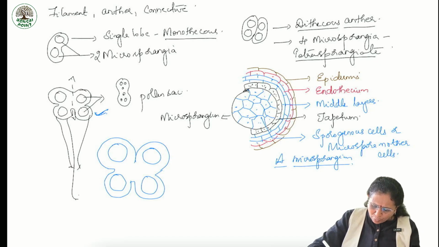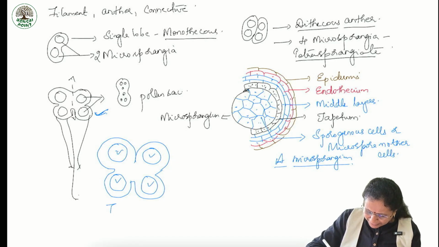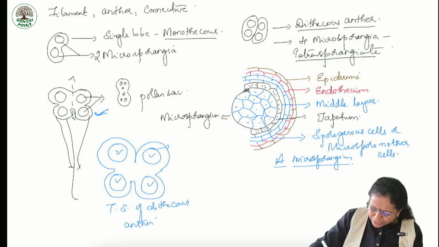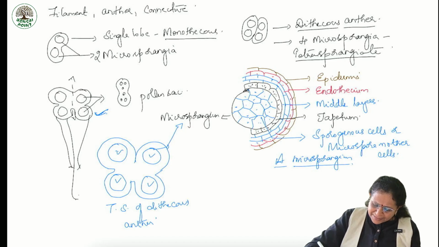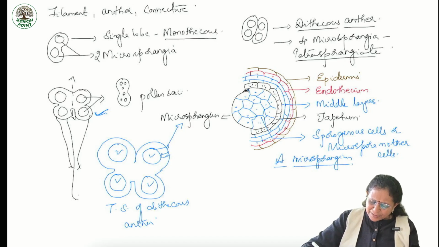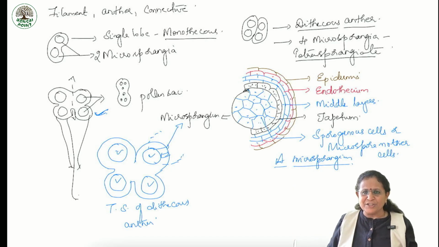These two are of one lobe, these two are of another lobe. So this is the microsporangium, and these are the wall layers. So that is what I have shown you, one microsporangium.